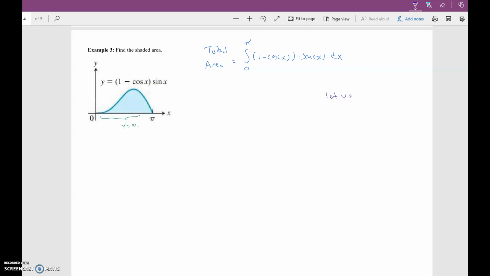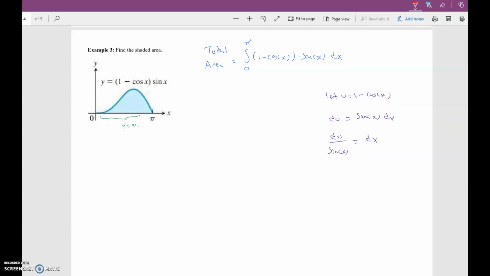So let u equal 1 minus the cosine of x, and then technically du is equal to, well, this one's just going to simplify to sine of x because of the two negatives, dx, or du over sine of x is equal to dx.